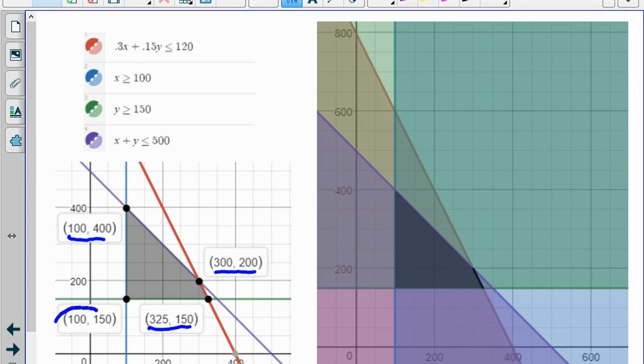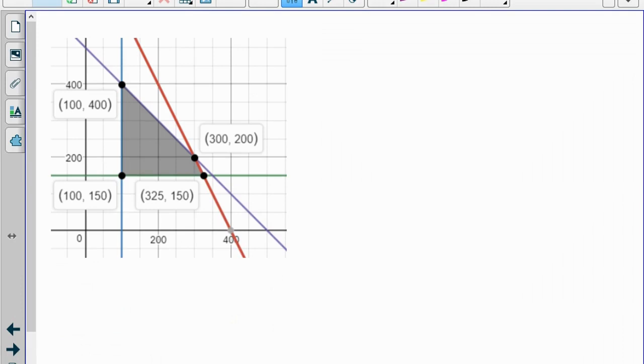And then this one will definitely not maximize my profit. It is an intersection point, but it will not maximize my profit. So I have to take a look at our objective function, which is 0.5n plus 0.3f, and see which one of these maximizes it.